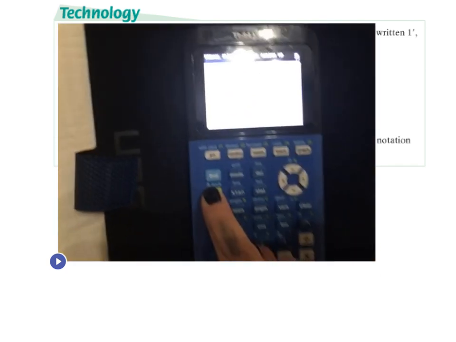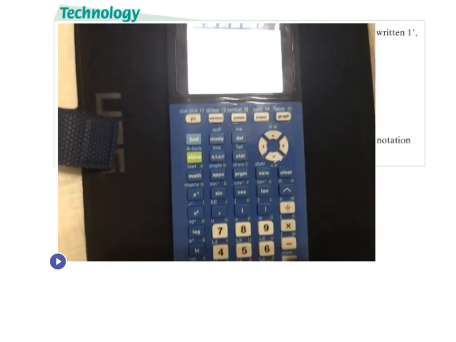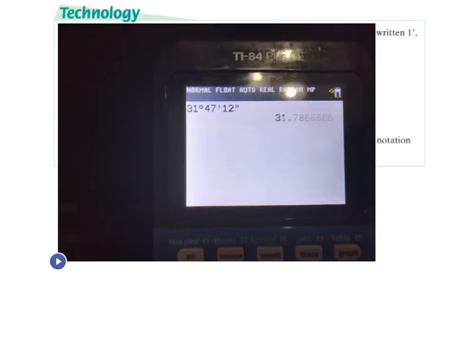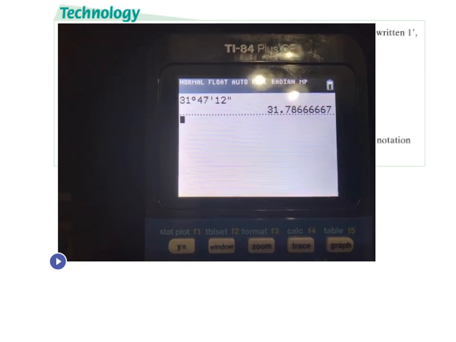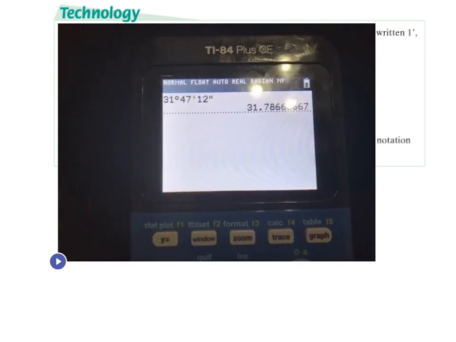So I do alpha and the green symbol, and then hit enter, and it will convert it into decimal degree.